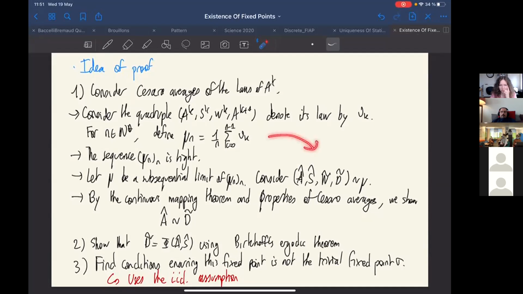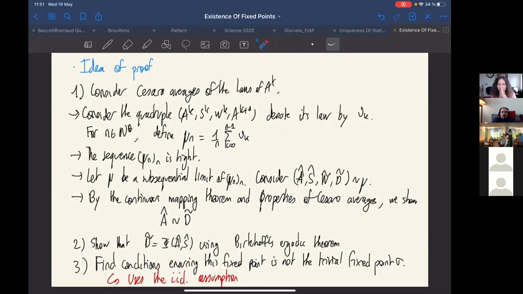When you have a law that enters, you have the same law to process it, and then you have the same departure. So we're not interested in this trivial fixed point. We are constructing here a fixed point which is not this fixed point. Okay.